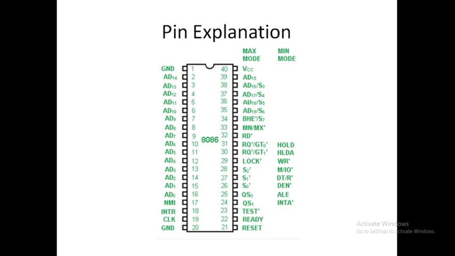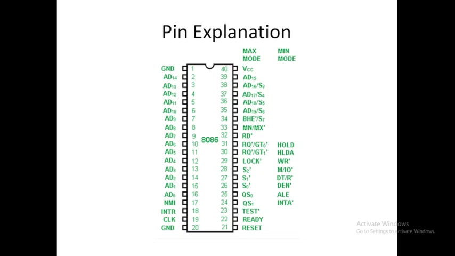Now ALE, what we know as address latch enable. Here we can see the AD pins, AD0, AD1, AD2. So by using only one pin we can use it as an address bus and also a data bus.